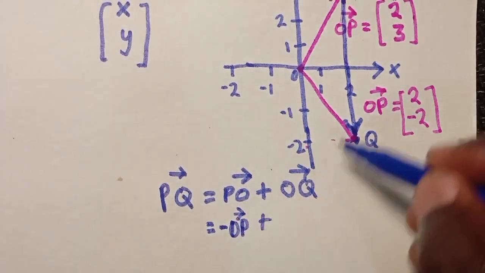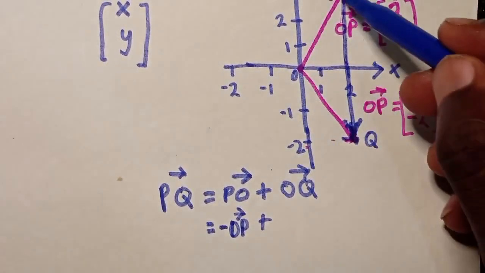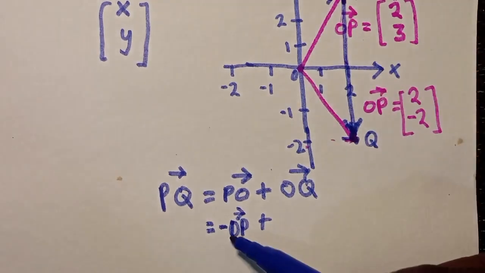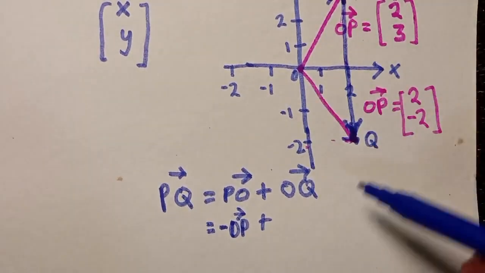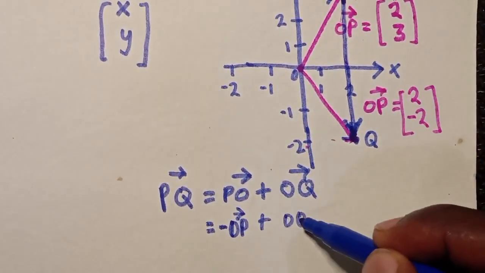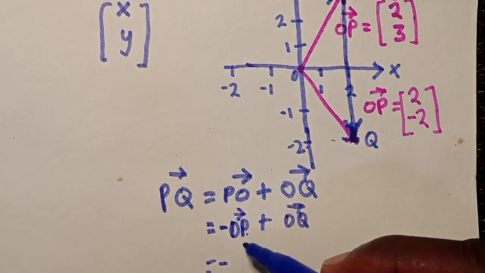Plus OQ, this is just the correct direction because this vector is going like this. Remember the arrow for this one is going up, but as we were moving like this, that's why I've introduced a negative. But for OQ, the direction is just okay. So we're just going to write it OQ the way it is. So we're going to say negative, what is OP?